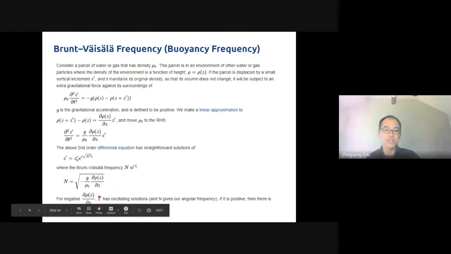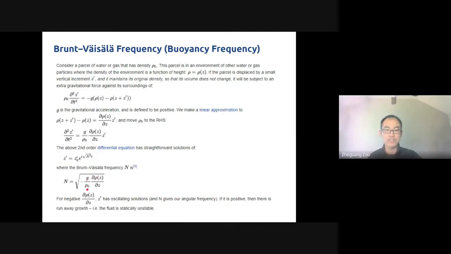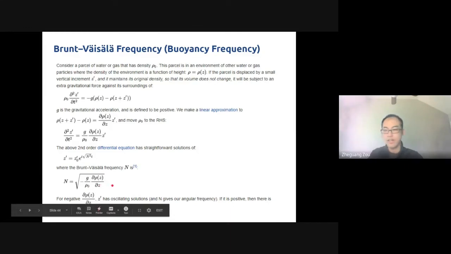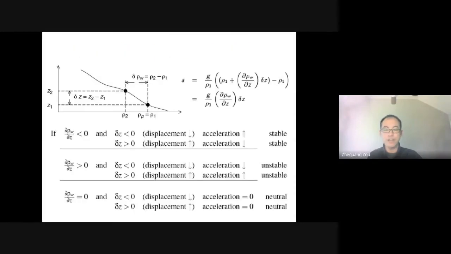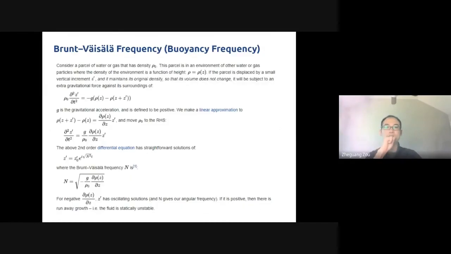It's only related to the vertical density gradient, and also the gravity and the density of the water. So I will leave this to next class so that I don't need to hurry. Okay, I think I will end it here today.